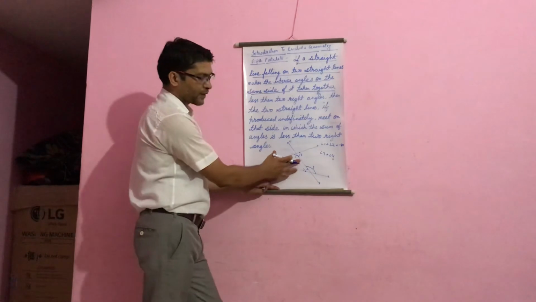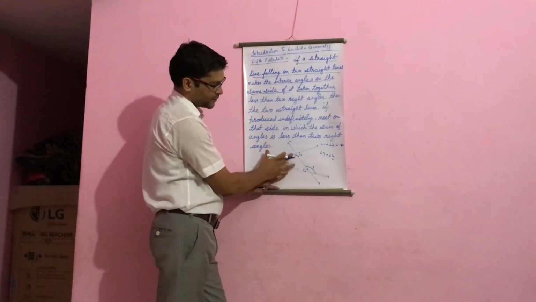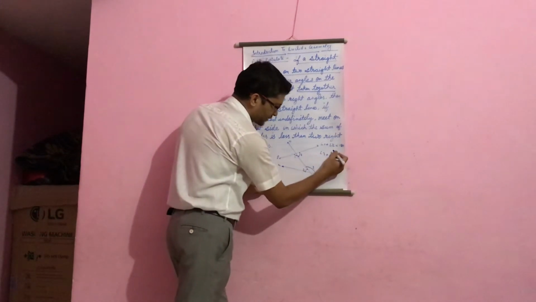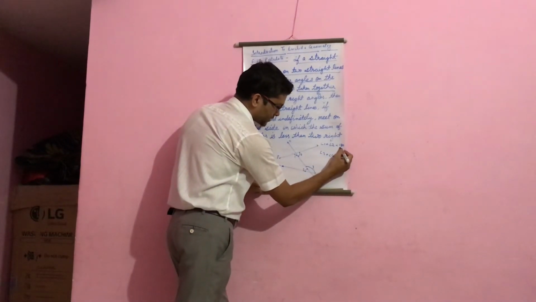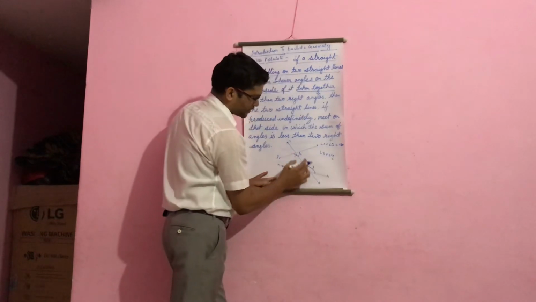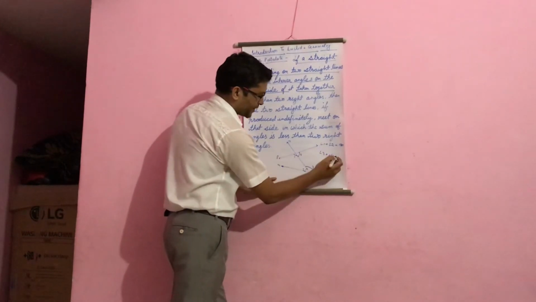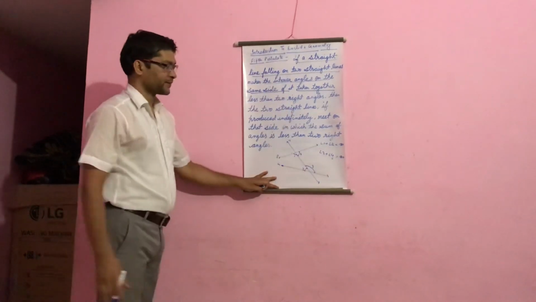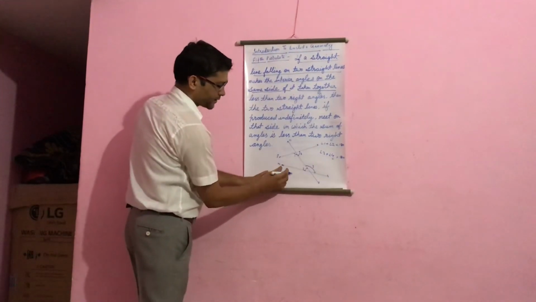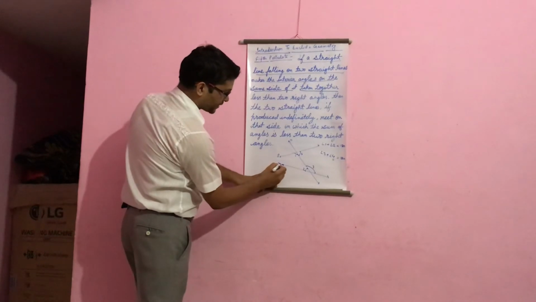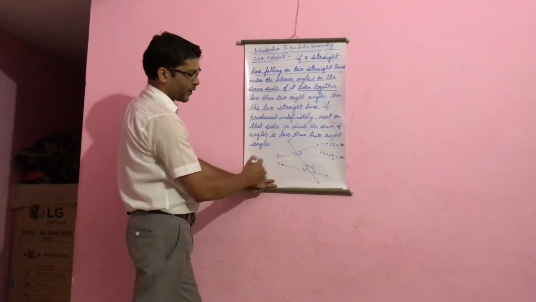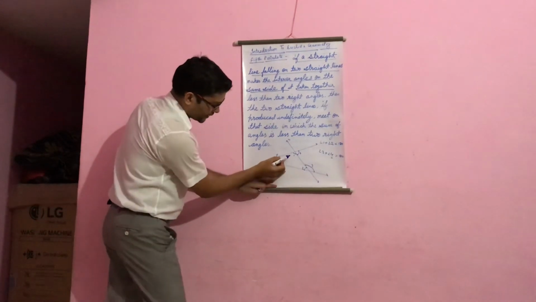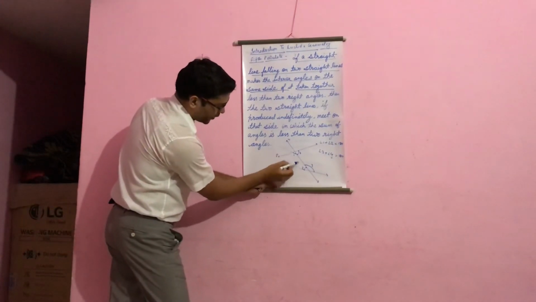If we measure these sums, sum of angle 1 and angle 2 and angle 3 and angle 4, we will find the sum of angle 1 and angle 2 is less than 180, whereas the sum of angle 3 and 4 will be greater than 180 degree. So this postulate says that if we produce these two lines indefinitely, then they will meet on the side where the sum of the interior angles is less than 180 degree. So the sum of interior angles is less than 180 degree for angle 1 and angle 2.